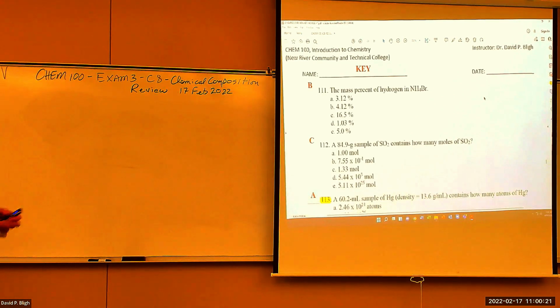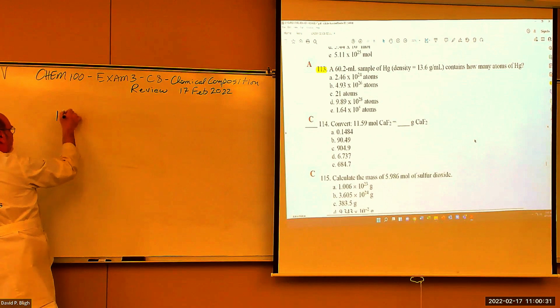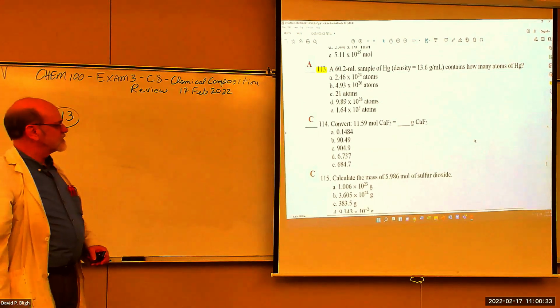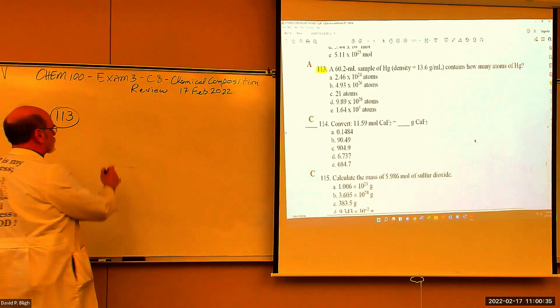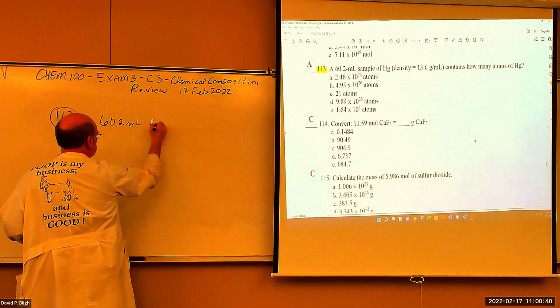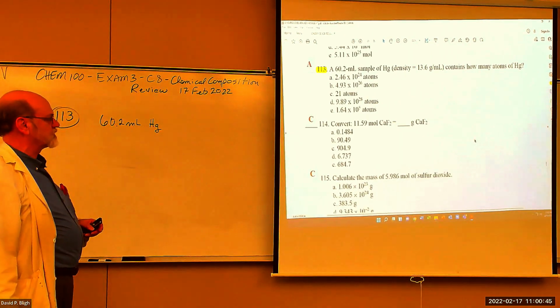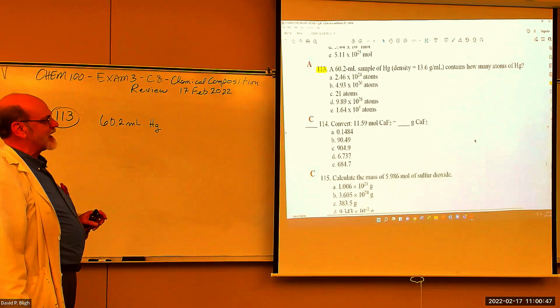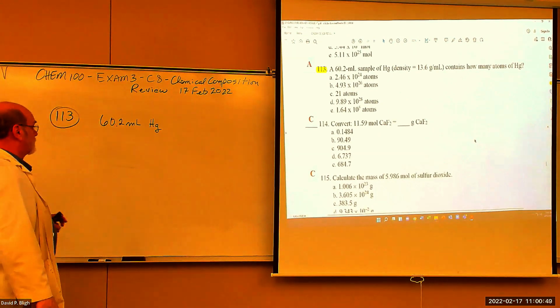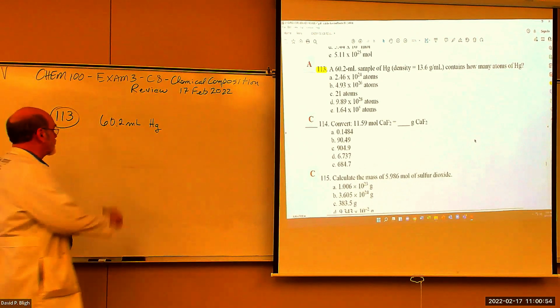And go over this one. 13. A 60.2 milliliter sample of mercury. 60.2 milliliters of mercury has a density of 13.6 grams per milliliter. How many atoms of mercury? So we got the volume, but we need the mass. How do we get the mass out of this?